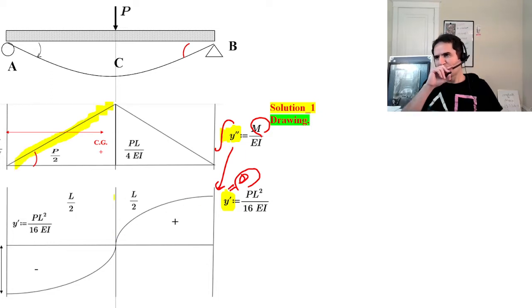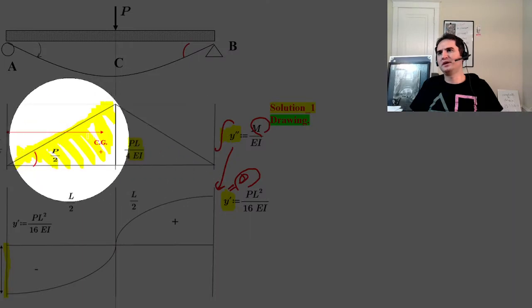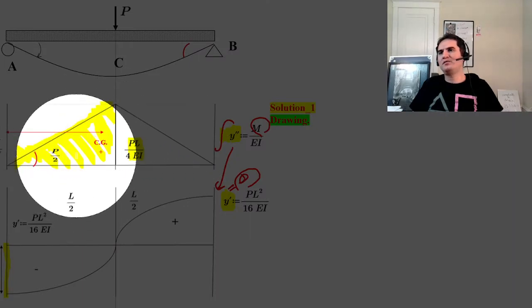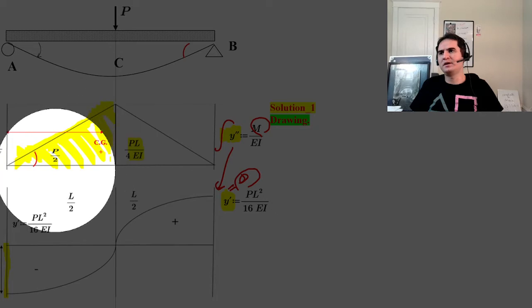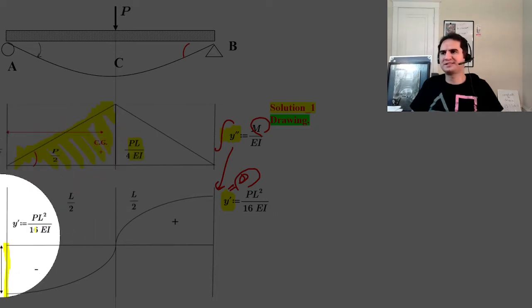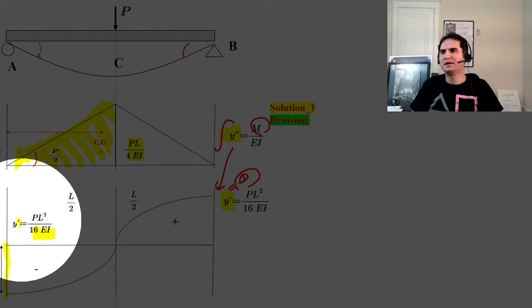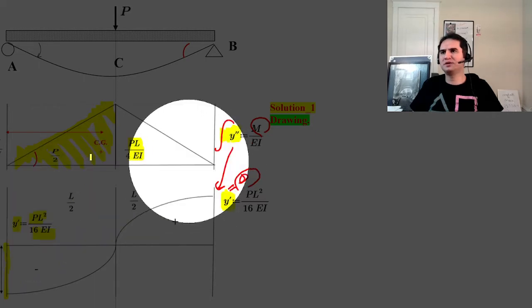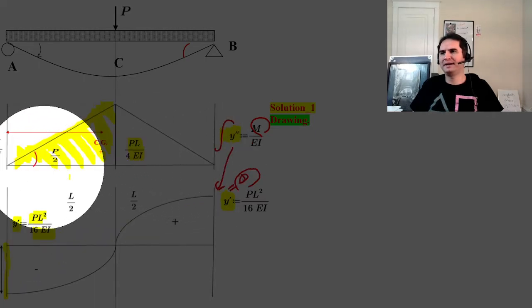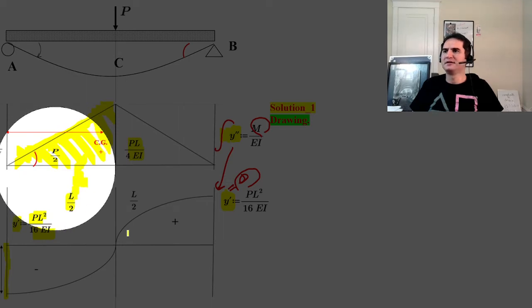The amount of theta goes by the area under moment. If you do this calculation, it gives you half the area of this triangle: half of L over 2 times PL over 4 EI. It gives you 4 times 4, which is 16 EI in the denominator, and theta or y prime is PL squared over 16 EI, because we have one L here and the other is L over 2, the length.